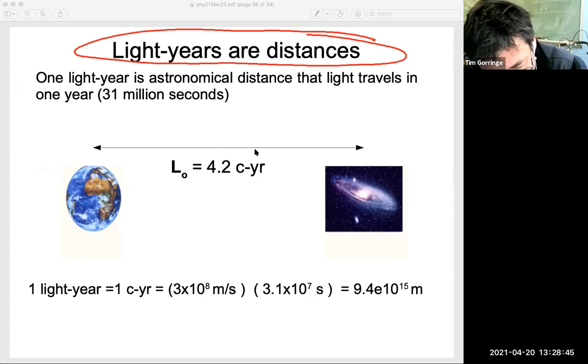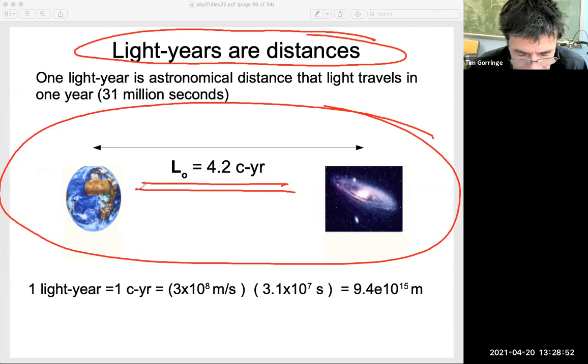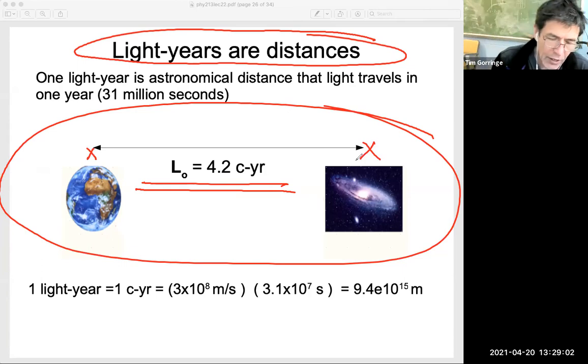And so that's why I marked this picture up like this. We've been told this distance between Earth, or the solar system over here on the left, and Alpha Centauri over here on the right. That's 4.2 light years. And actually, it's an important point here. We've been told the proper distance.